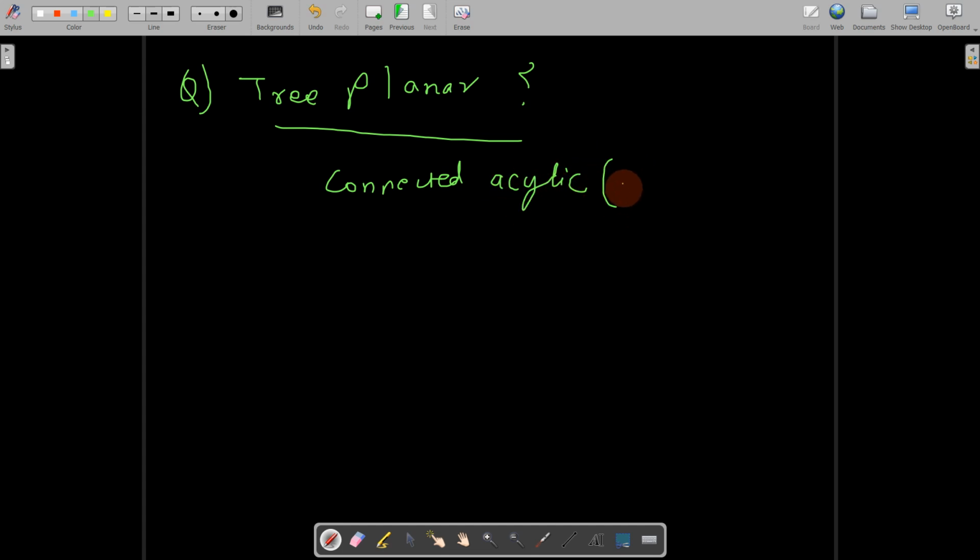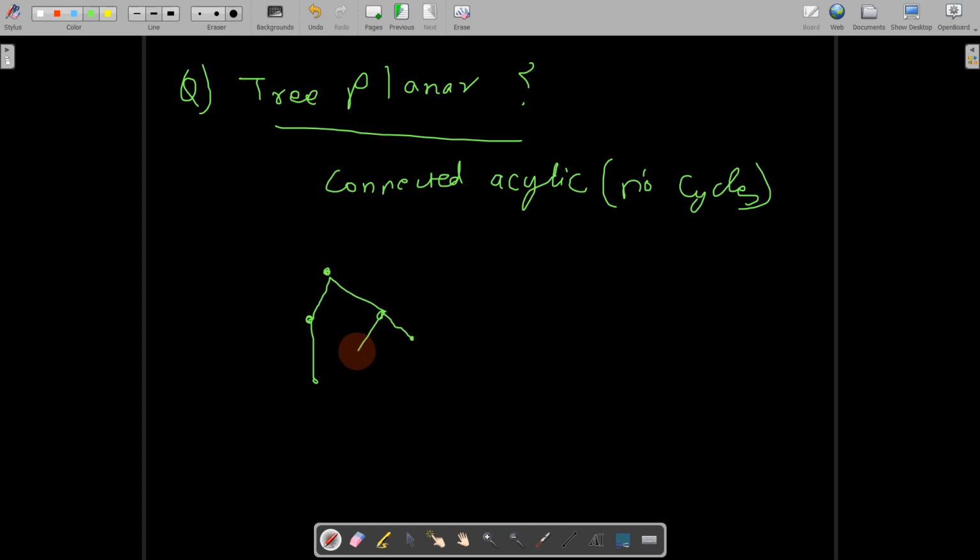Acyclic means no cycles, and connected means you can reach any two vertices x and y of the graph. There is always a path between two vertices. Okay, so I will make an example of a tree. Let us take this example.